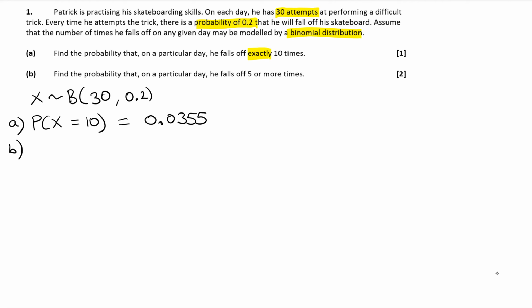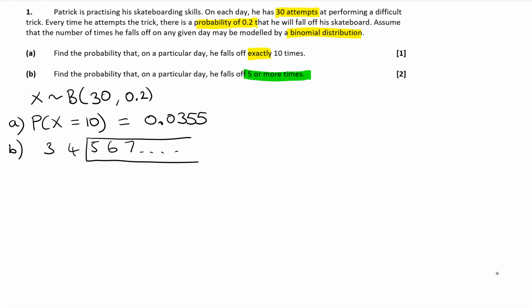Part B, find the probability that on a particular day he falls off 5 or more times. We're looking for 5, 6, 7, 8, 9, 10, etc., all the way up to 30.